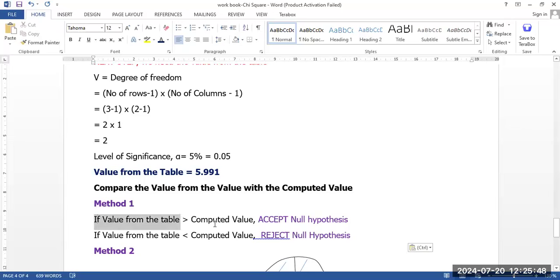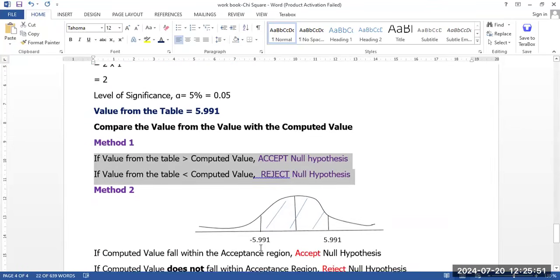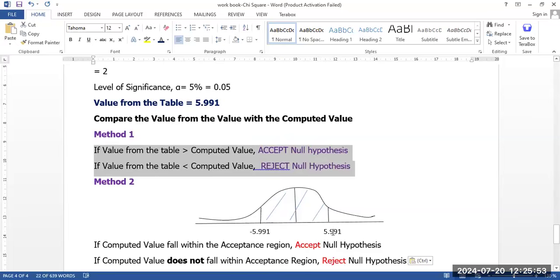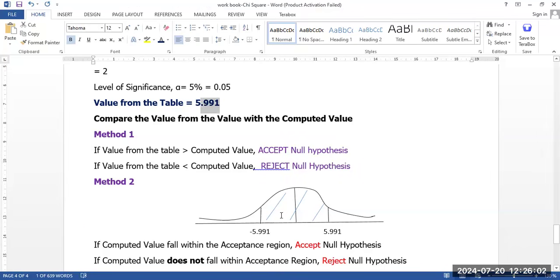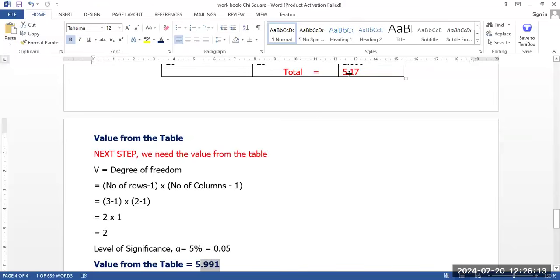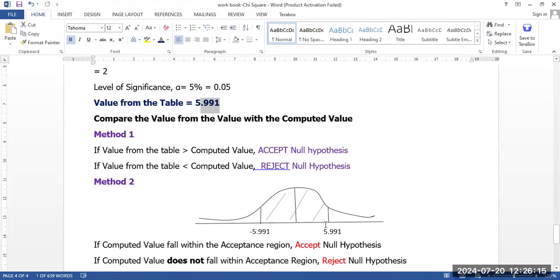If this is confusing you, use method 2. Press here 5.991, because this is the value from the table. Then ask yourself, is the computed value within the acceptance region? We see that 5.17 is below this figure, so it is within the acceptance region.